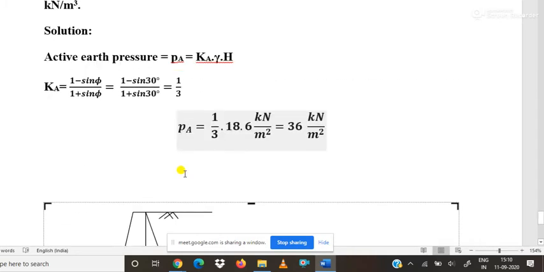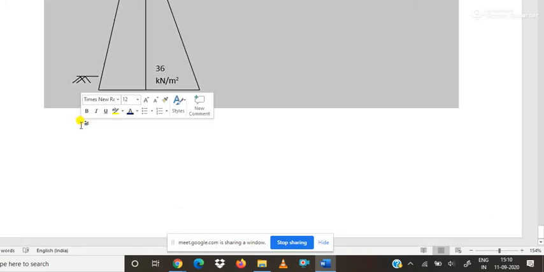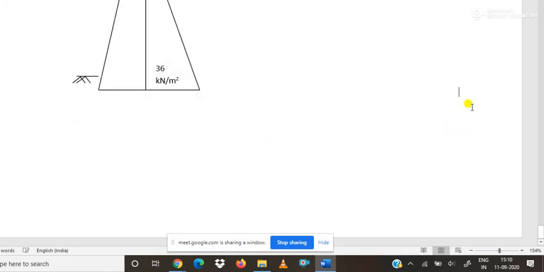That means the total force is termed as active thrust, active thrust in case of active condition.